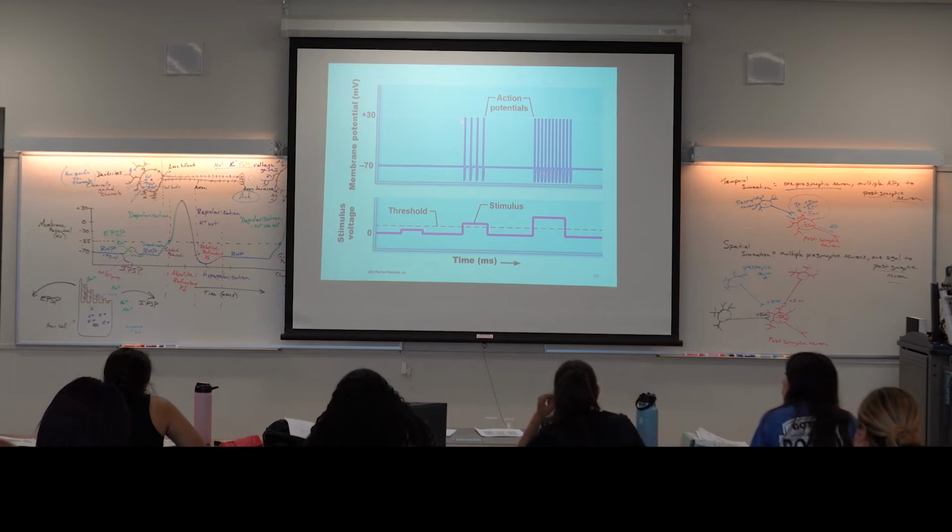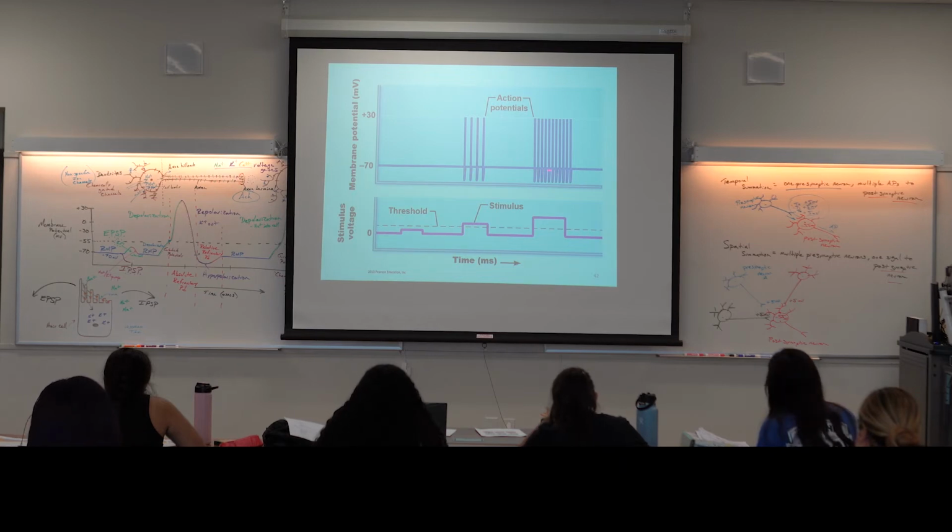You can see each action potential is the same strength, so we can't distinguish an individual action potential from another action potential. They're all identical, but how we can make a signal stronger versus another signal is by packing in more action potentials. So you can see a stronger stimulus just packs in more action potentials than a weak stimulus. Subthreshold stimulus doesn't have any action potentials.